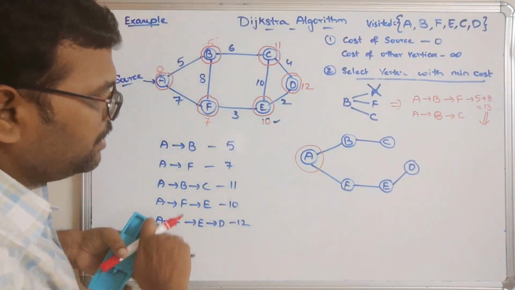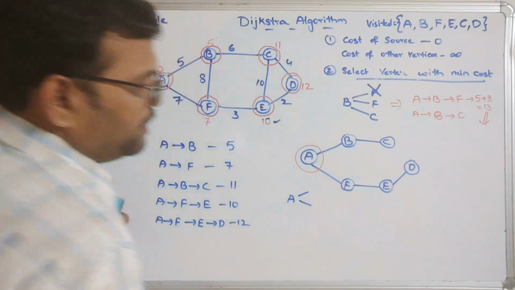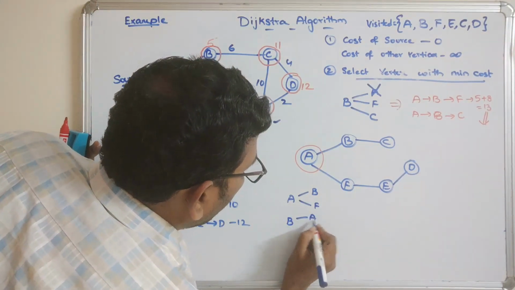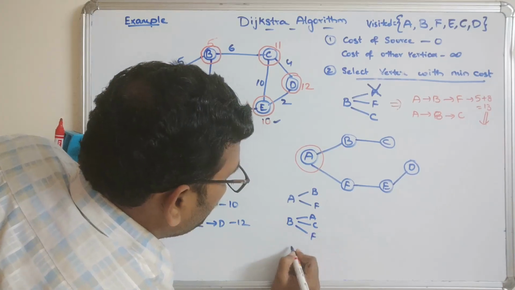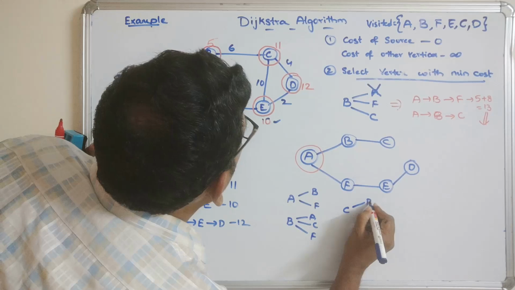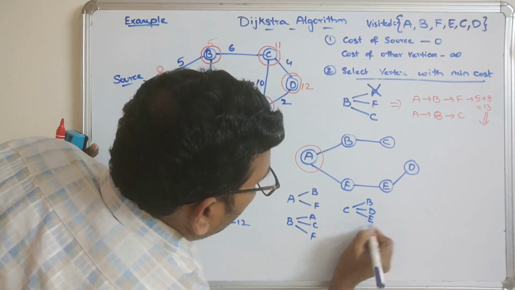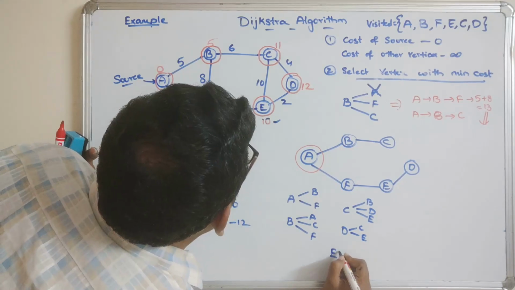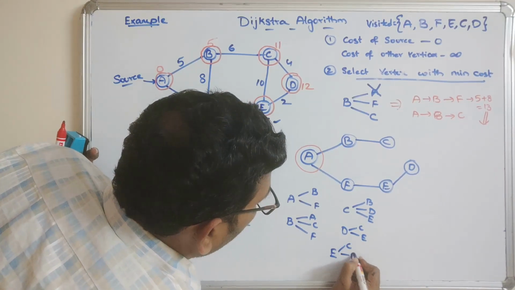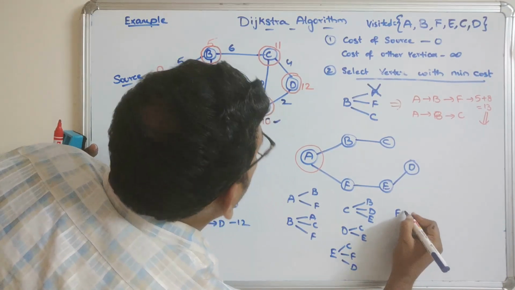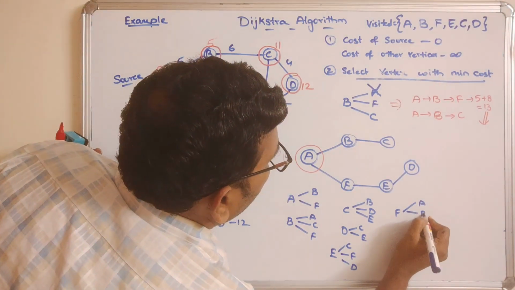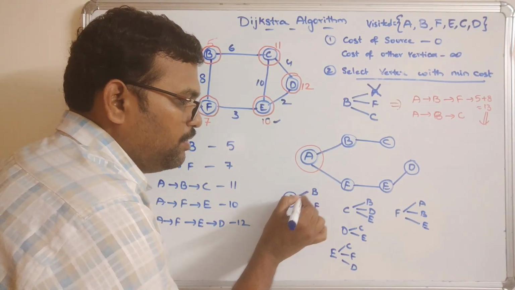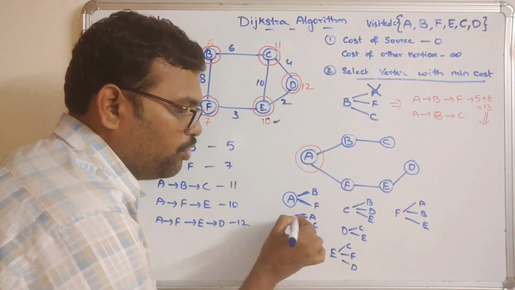We are selecting A and its edges, B and F. Next we are getting B with A, C and F, C with B, E, D and E, and D with C and E, and E is having C, F and D, and similarly F is having A, B, E. So we are selecting each and every vertex and finding the cost of all incoming or outgoing edges.